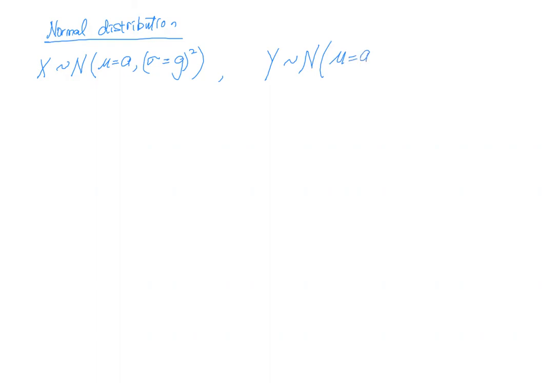You will see something like, X is normally distributed with a mean of A, and a standard deviation G. And Y is normally distributed with the same mean, and the standard deviation is equal to 8, for example.